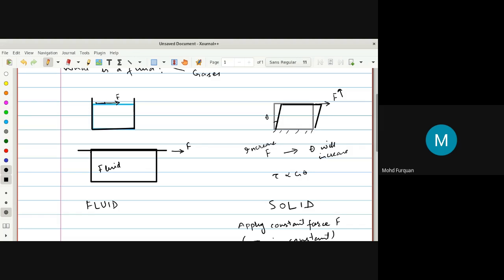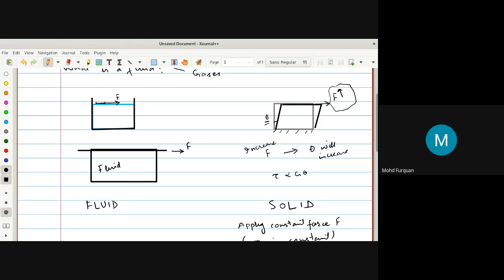So for every F, you have an associated theta for this experiment.